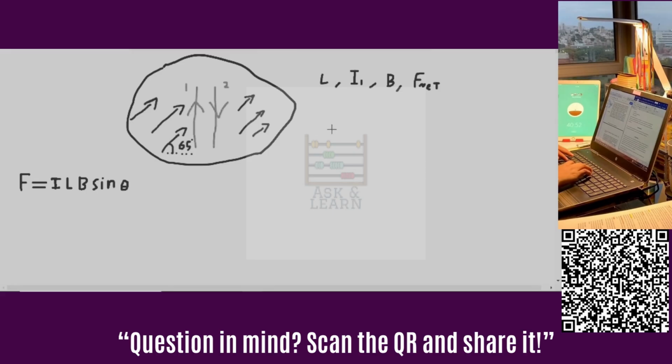So what that means is our net force in this case is equal to the sum of these two, but because they're in opposite directions, we're going to have a minus sign. Now, because this is physics, we get to decide what directions we want to be positive and what to be negative. And it doesn't matter what we choose, we just have to keep it consistent.